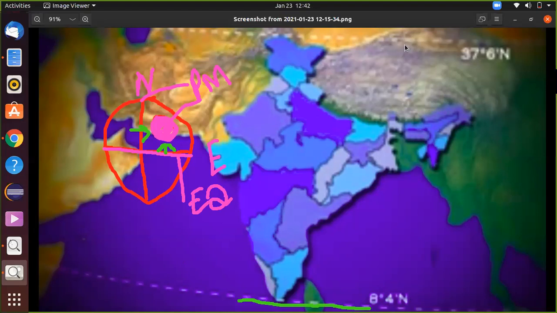It extends up to this line over here, which is 37 degrees 6 minutes north. So India lies between these two latitudes. This is the extension of India from north to south: from 8 degrees 4 minutes north to 37 degrees 6 minutes north latitudes.